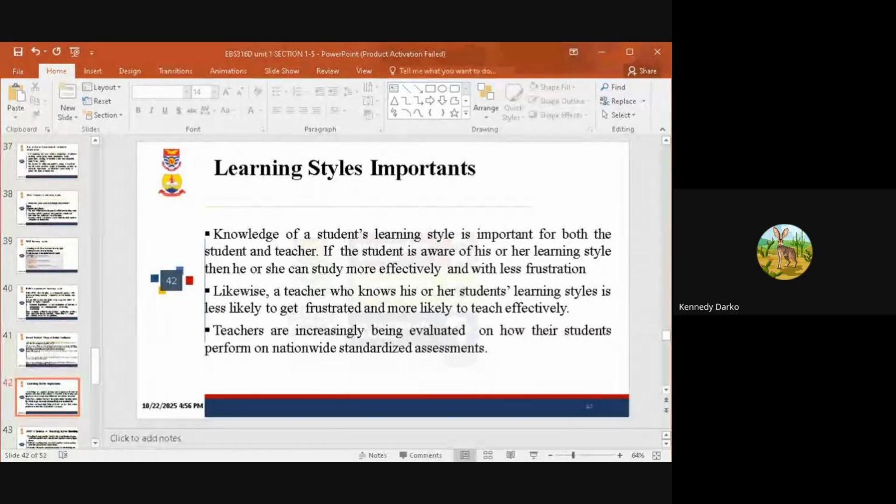Likewise, the teacher who knows his or her students' learning styles is less likely to get frustrated and more likely to teach effectively. Teachers are increasingly being evaluated on how their students perform on nationwide standardized assessments. So when you know your students, then you don't have any problem.